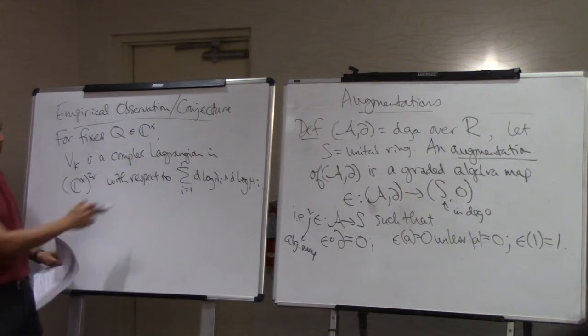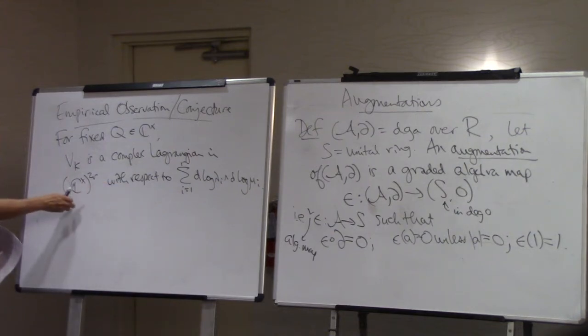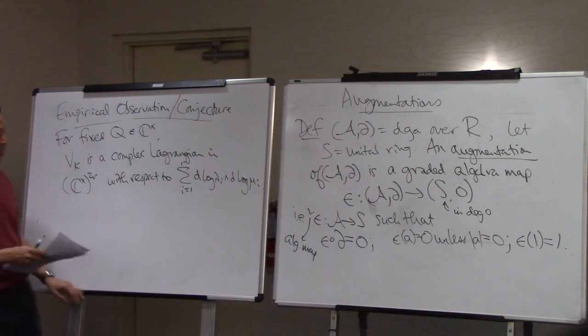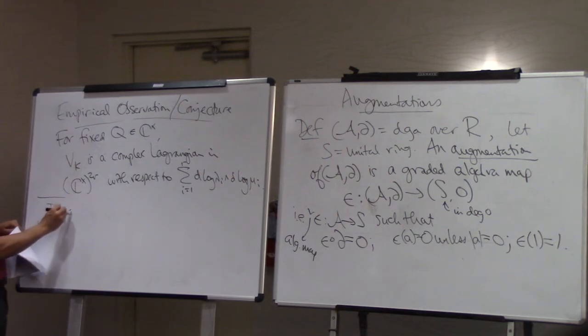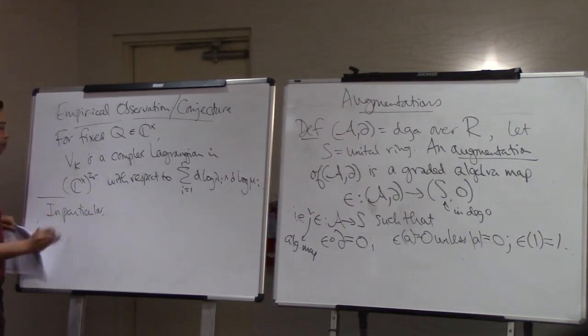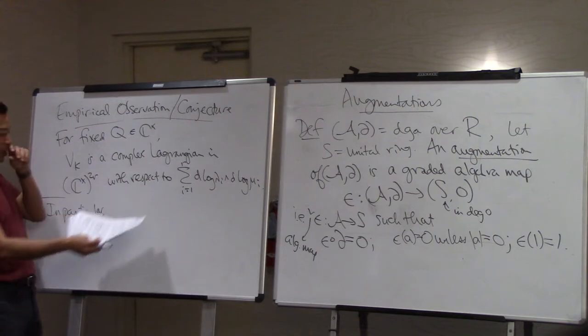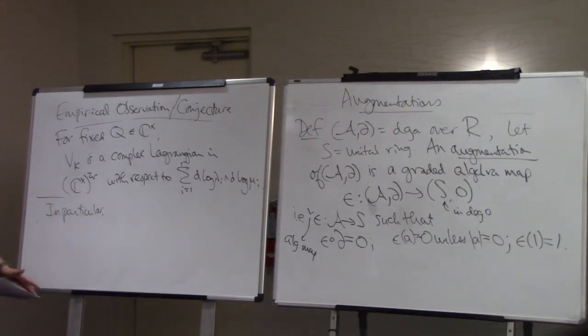But it was surprising to me, at least the first time that I was asked whether this should be true, and just ran some examples, and indeed it seemed to be true. The reason this will be true is that there's some way to parameterize this locally using some sort of Gromov-Witten potential.